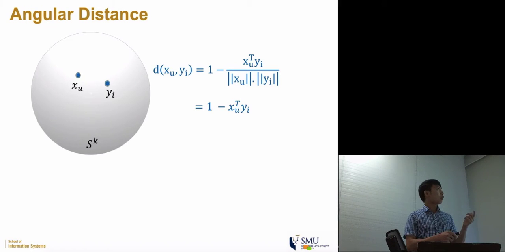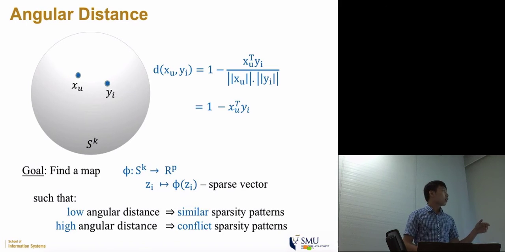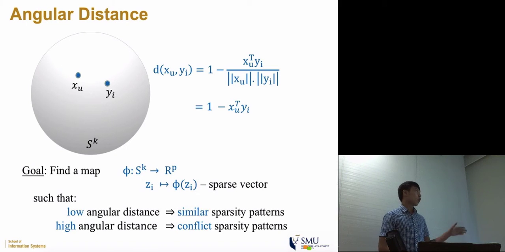With the assumption that the two vectors have norm 1, you now translate this formula to 1 minus the inner product between x_u and y_i. So the goal is now to find the map which satisfies this condition. If you have low angular distance, you want to have similar sparsity patterns. If you have high angular distance, you want to have conflicting sparsity patterns.